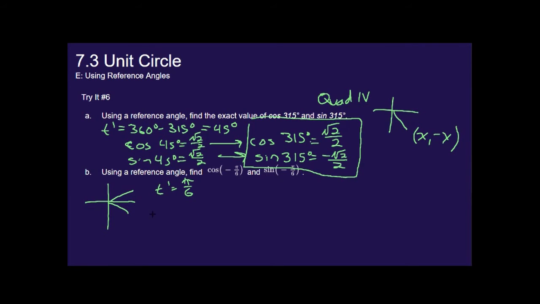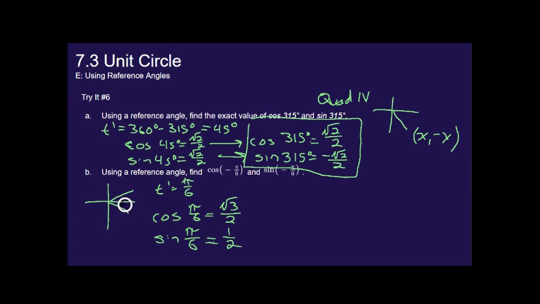And so then we're going to find the cosine of pi over 6, which is equal to square root of 3 over 2. I'm not showing how to do these because you guys can use that chart, and you should know how to find those if you don't have the chart. And the sine of pi over 6 is equal to 1/2.